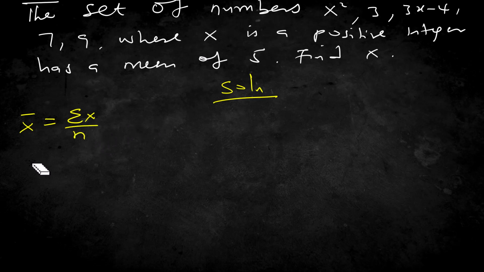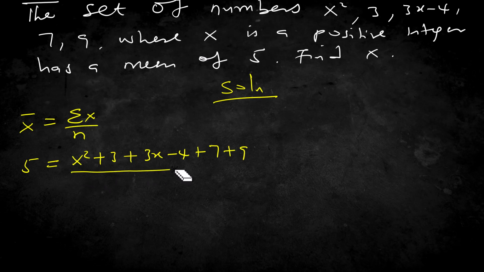So the mean is 5. So we have 5 equals x squared plus 3 plus 3x minus 4 plus 7 plus 9, over 5.